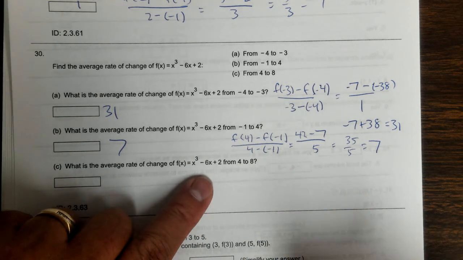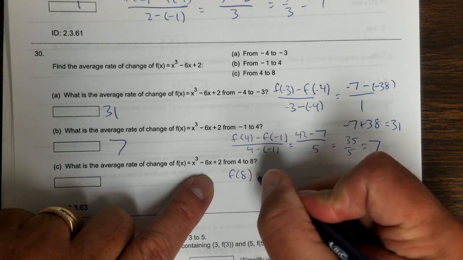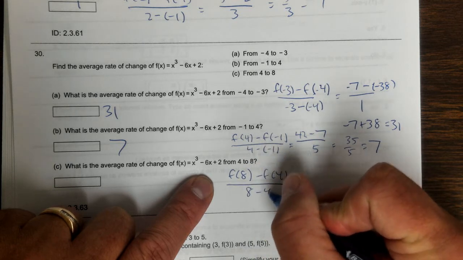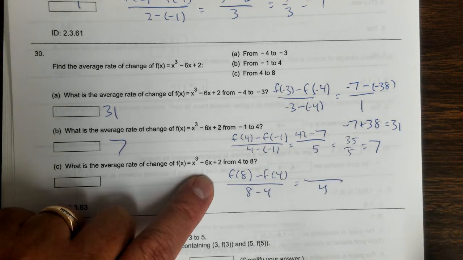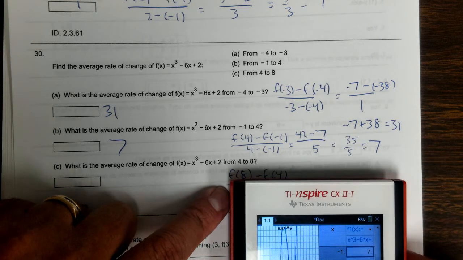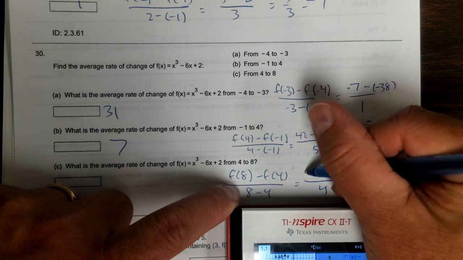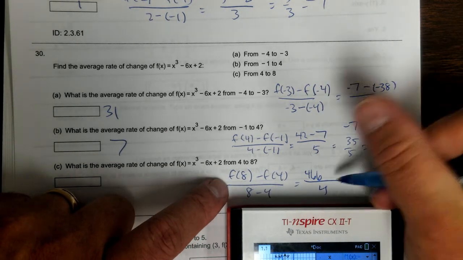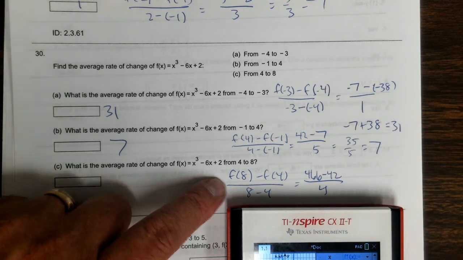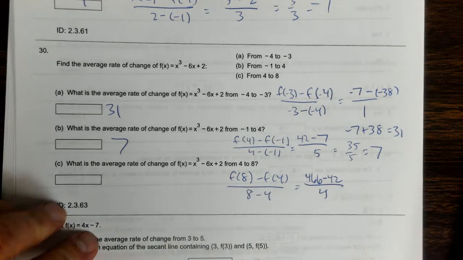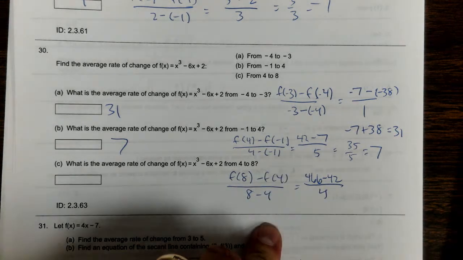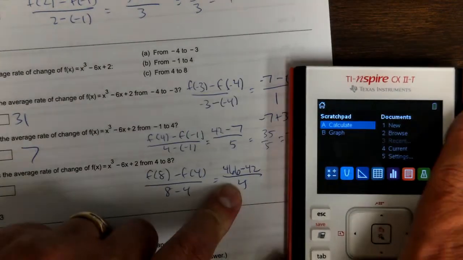And then on this one, f of 8 minus f of 4 over 8 minus 4. F of 8 is 466, and f of 4 is 42. While I'm on this one, because it is a little more complicated than that one, I'll remind you how to do this on your calculator.